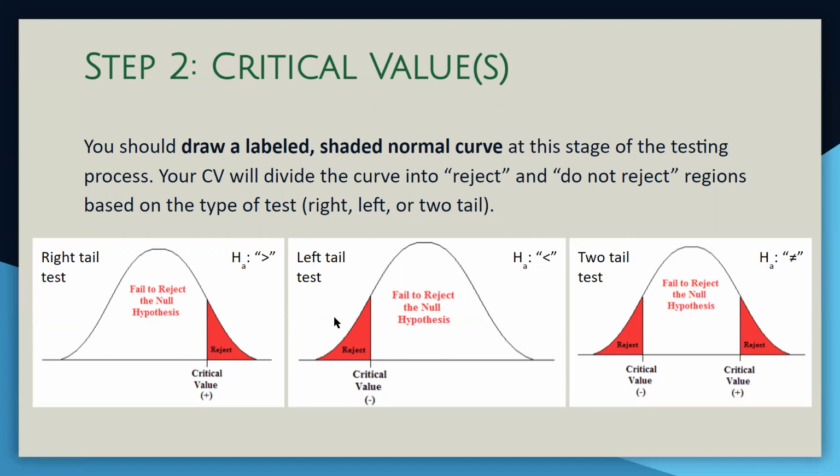And again, all of that alpha is in that red tail. And then for the 2-tail, that's when our alternative is a not equal to. So half the alpha goes in the lower tail, half the alpha goes in the upper tail. We get 2 critical values that have the same number, but opposite sign.